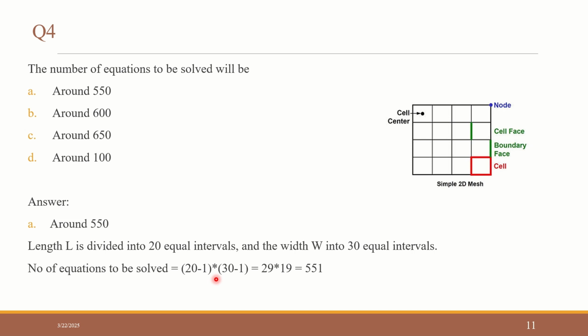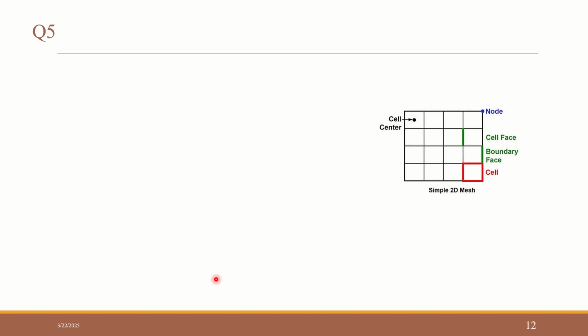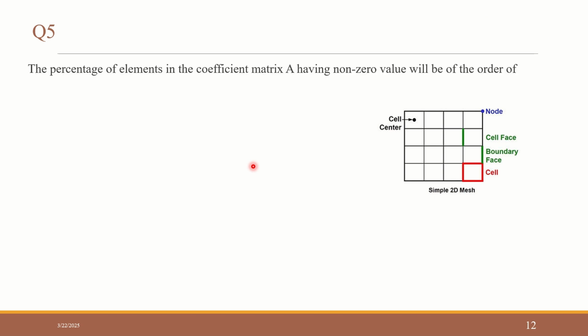Alright, now we will go to question 5. Question 5 is again something related to it. What is being asked, we will see. In question 5, the percentage of elements in the coefficient matrix A having non-zero value will be of the order of dash.